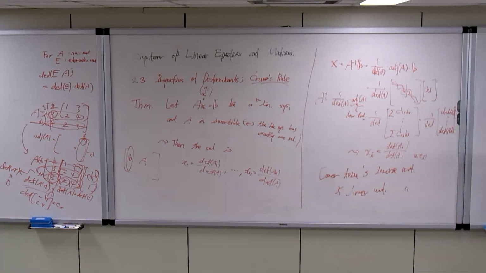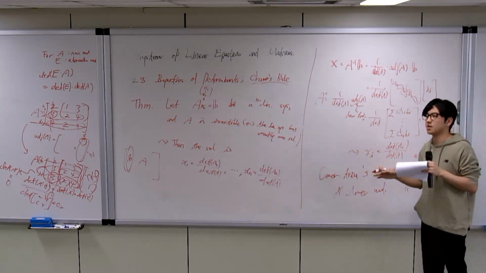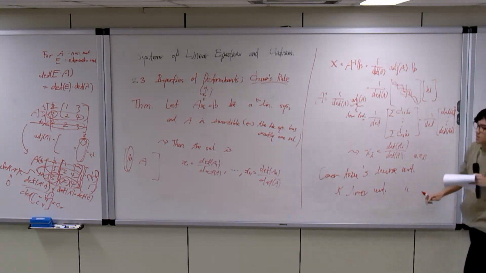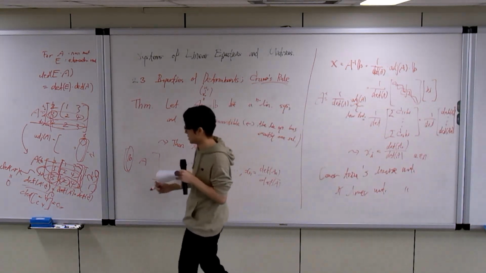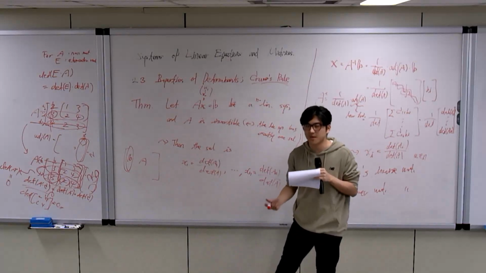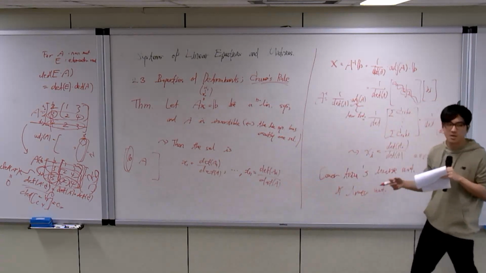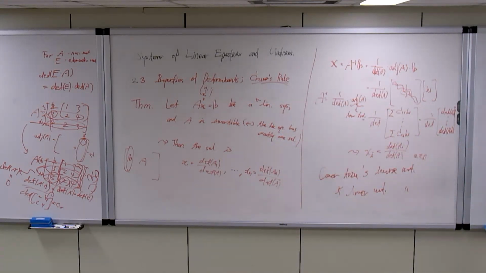And also, I skipped that when the triangular matrix has all non-zero diagonal entries, then it will be invertible, and that fact comes from the fact that invertibility is if and only if the determinant of the matrix is non-zero.